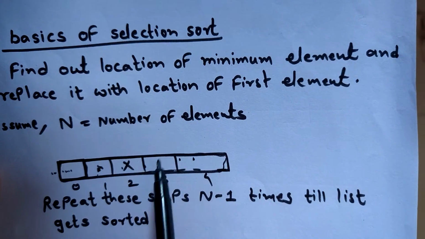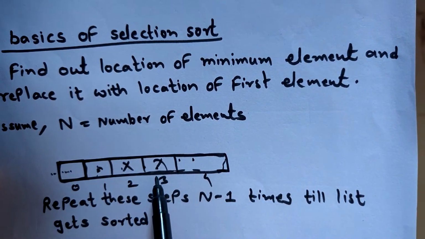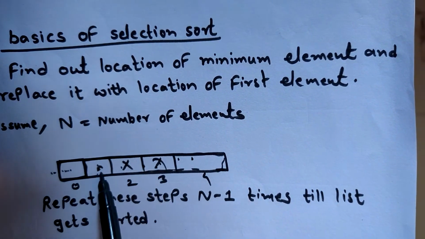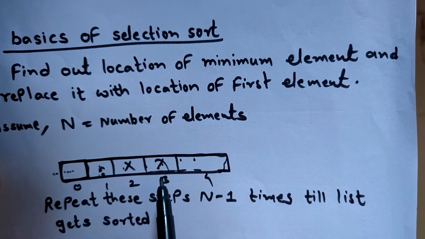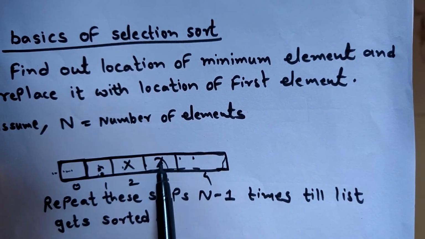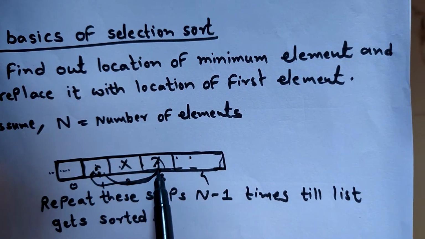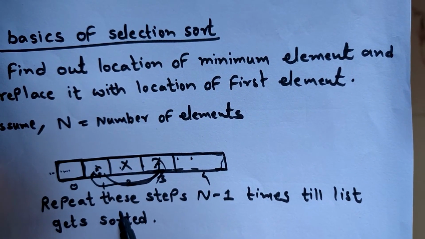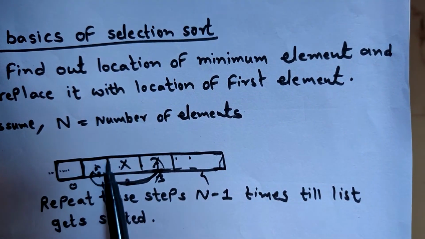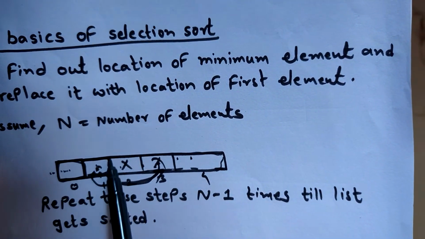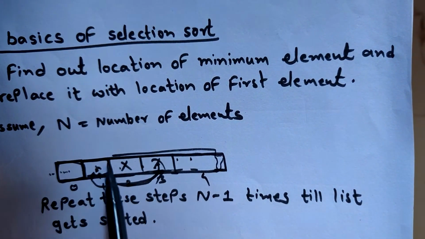For example, this is the minimum element, 10, then it will be replaced with the first element. The first element is this, the minimum element is this, replace this with this. This value will also go here. Now this position is fixed, this position is fixed. Now three elements are present.